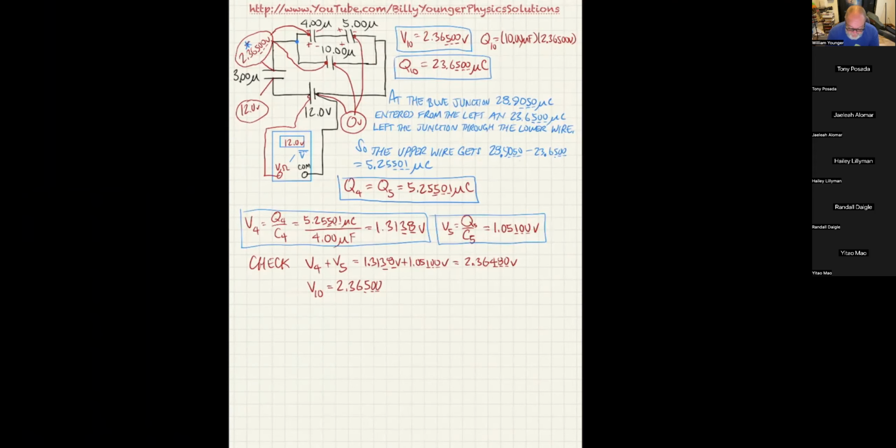And basically the way capacitors work is if they're in series, each of the capacitors will have exactly the same charge. So Q4 and Q5 are both 5.255 microcoulombs. Now all we're left with is finding the voltage across the 4 and the voltage across the 5, and that's what we did. Any questions on that?